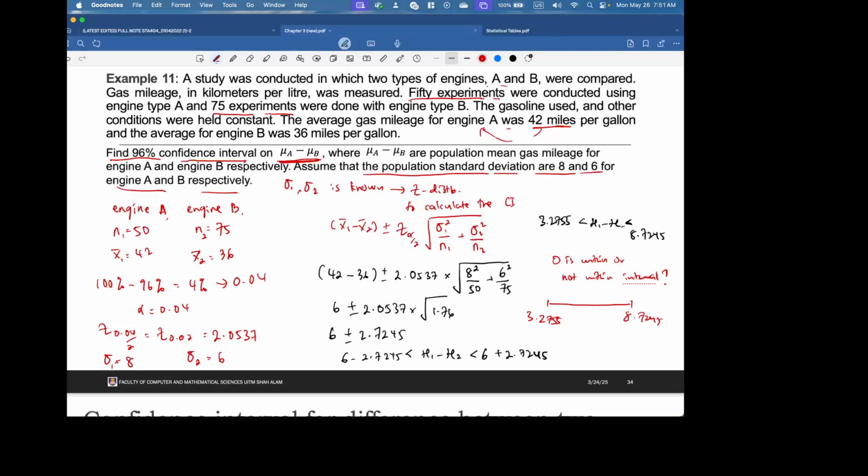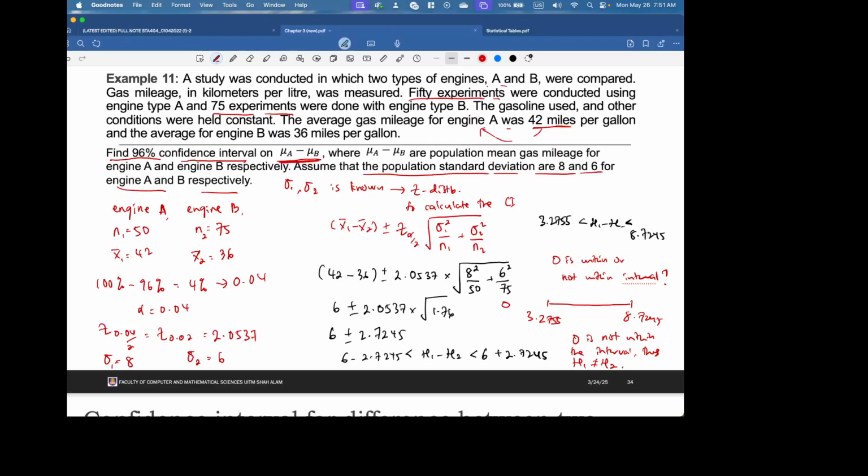So where is 0? When you look at this interval, 0 is outside the interval. So the conclusion is that 0 is not within the interval, thus mu1 is different from mu2.